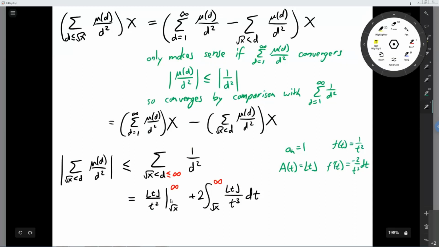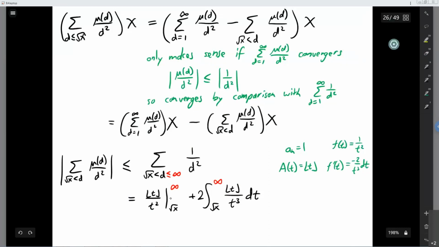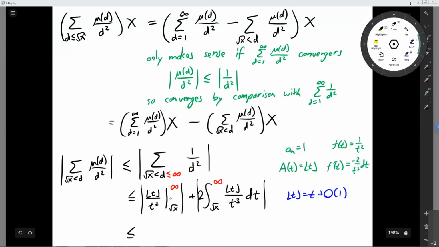The floor function of t is, we'll do this in blue, t plus big O of 1. But I'm actually going to skip a few steps to save myself some space. If I keep everything in absolute values, like this, then I can use the comparison that just says floor function of t is less than or equal to t.